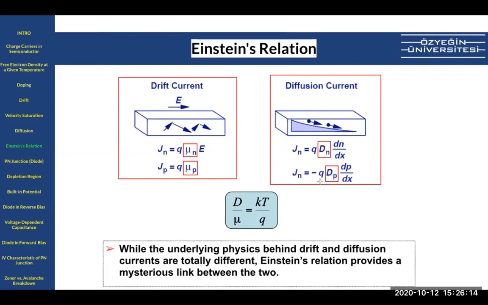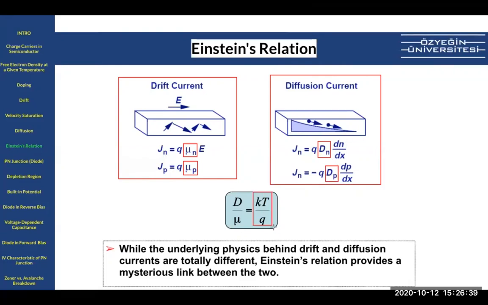And we have this thing called the Einstein equation. It's a long formula, and I can probably send you the proof for that. But the Einstein formula says that the drift currents, like the mobility constants, are somehow related to the diffusion constants.